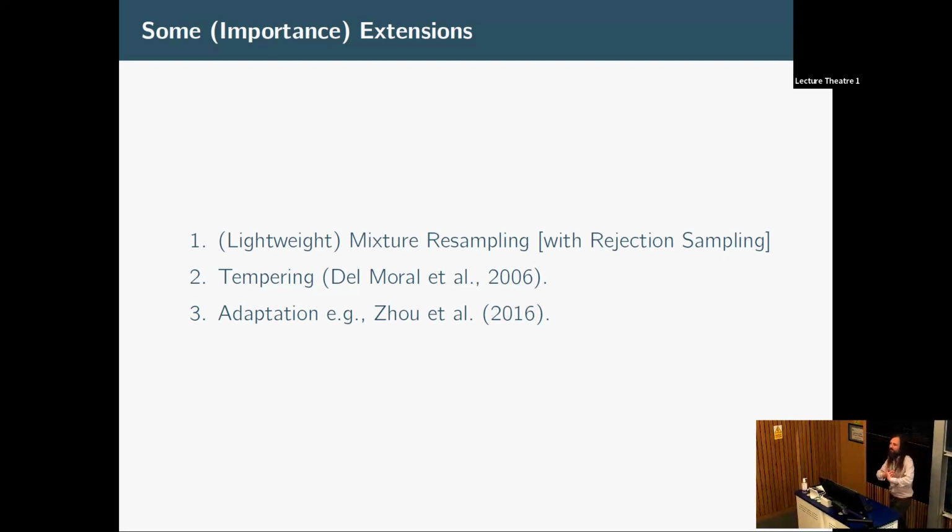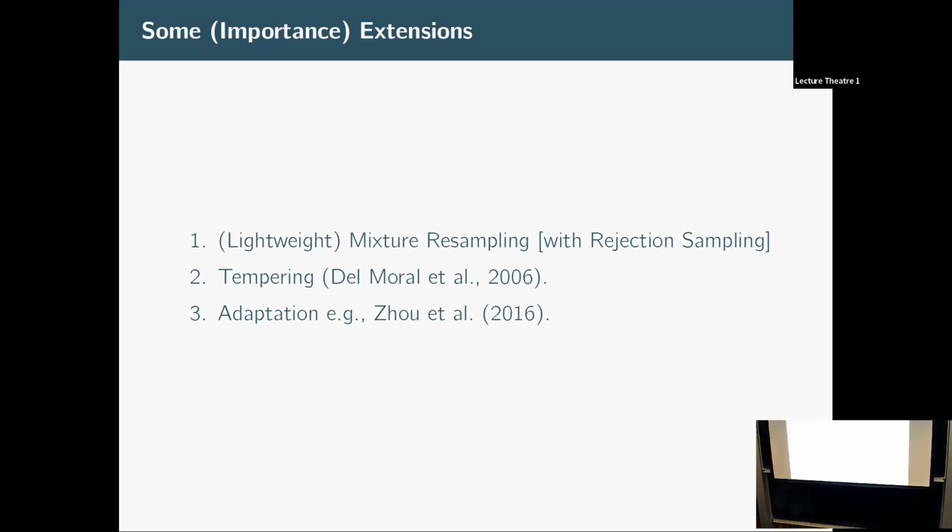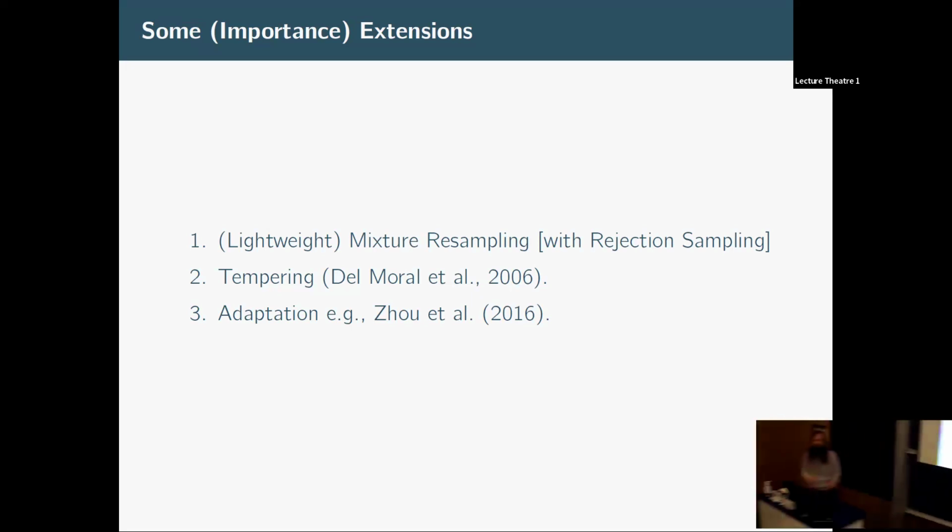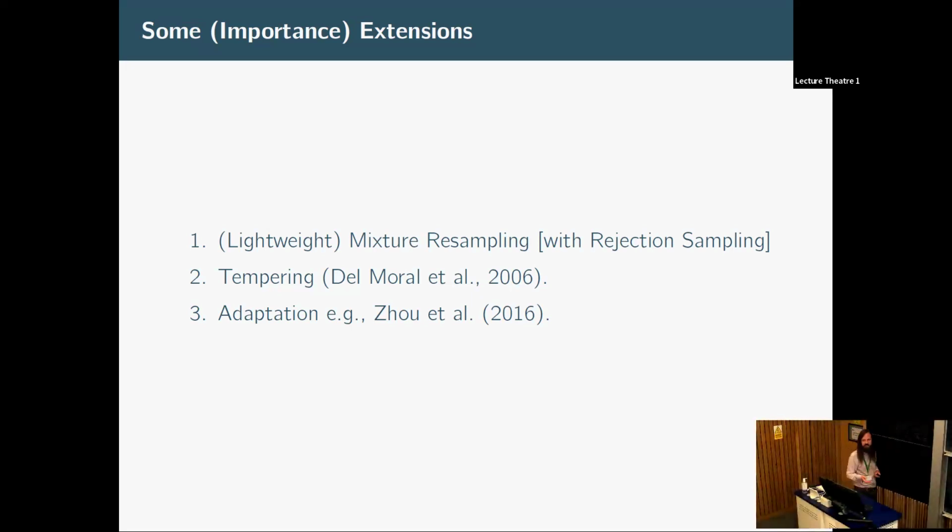Because if, for example, you're doing tempering, you could pick a first temperature such that you have an effective sample size of n or 2n for the first threshold, and actually take the whole population up to that point in one go. And if that threshold is above 1, then maybe you don't need to do tempering at that stage. So there are various things you can do to exploit the fact you've done all this computing. And all the standard adaptation in SMC settings, basically, you can use fairly naturally here.